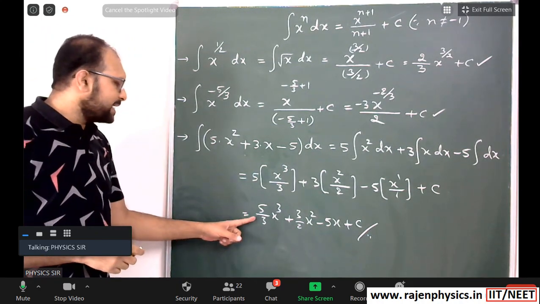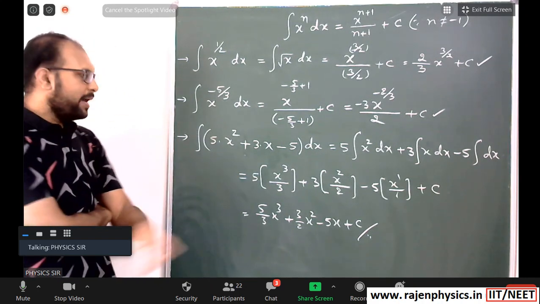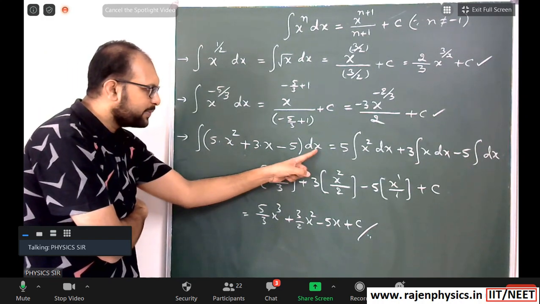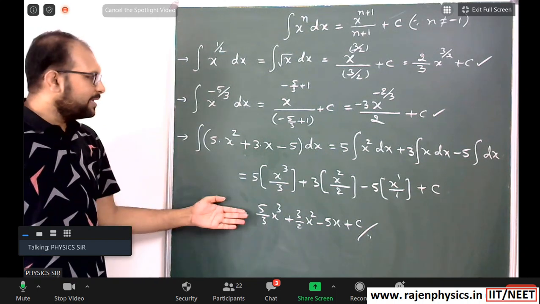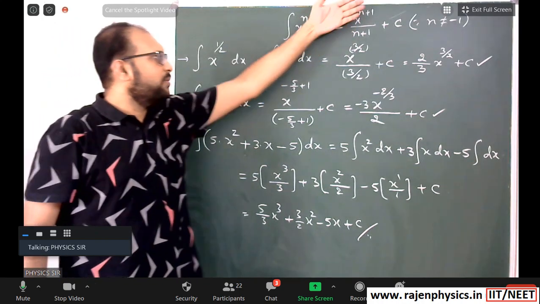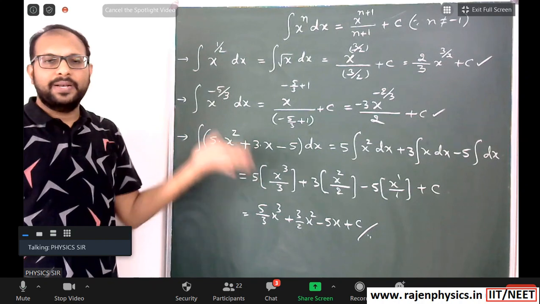So students, it is integration of this. Whatever may be the variable here, with respect to that variable only we need to integrate. So this is integral x to the power of n dx. Very simple.